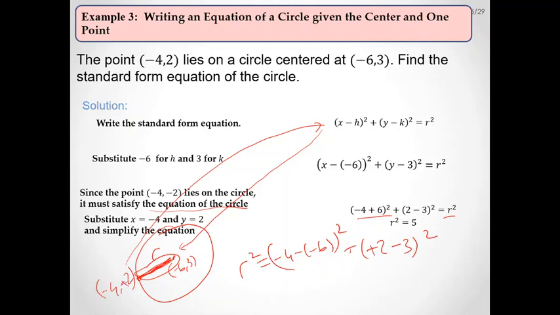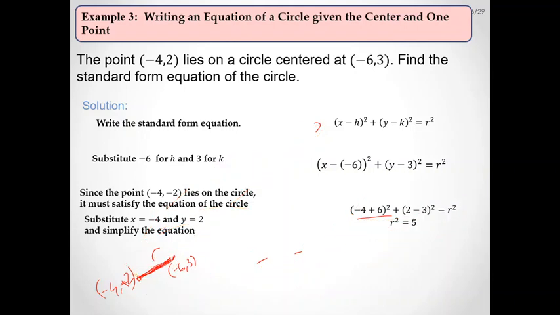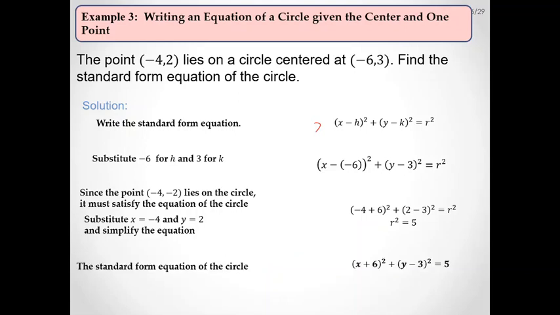So you will end up with r squared is equal to 5. Okay, let's be careful. R squared is equal to 5. But anyway, it's not asking for the radius, it's asking for the equation in standard form. So we have (x minus h) squared plus (y minus k) squared is equal to r squared.